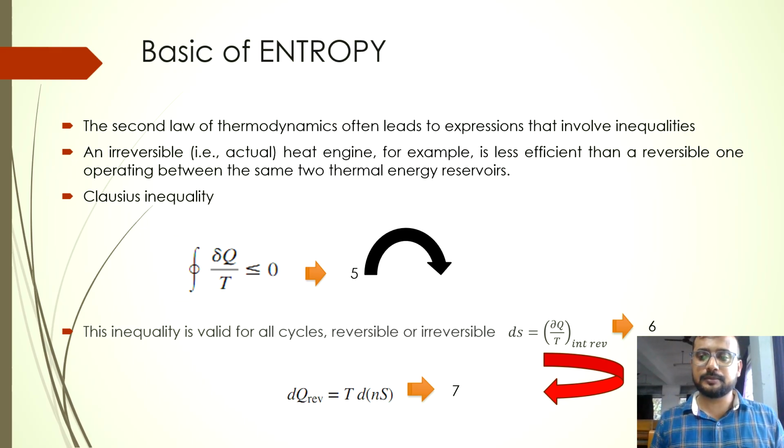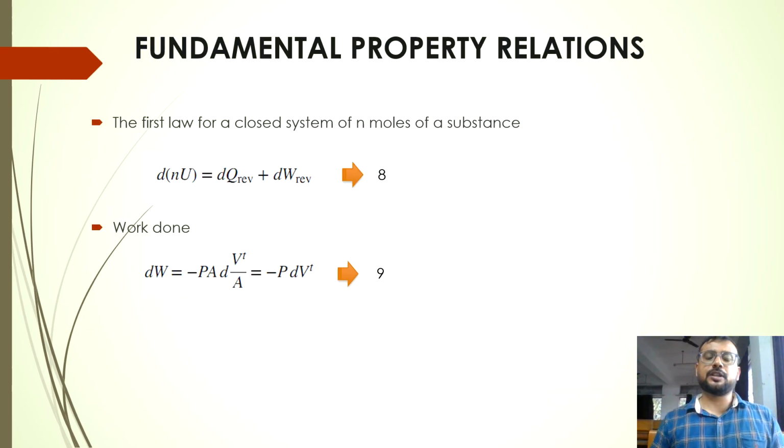Now the first law of thermodynamics for a closed system of n moles of a substance will be d(nU) equals dQ reversible plus dW reversible, as equation number 8, and work done dW is equal to minus P dV, equation number 9.